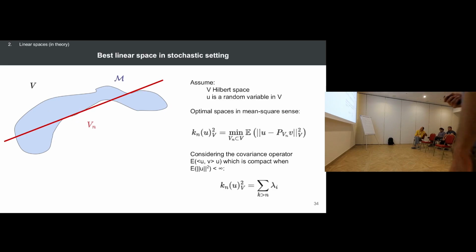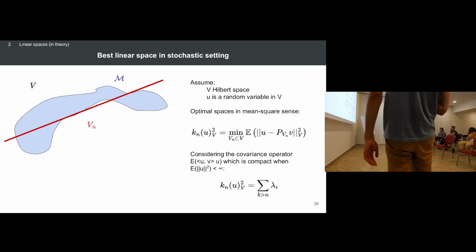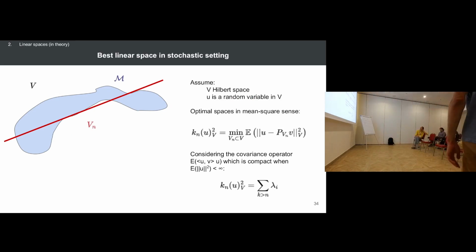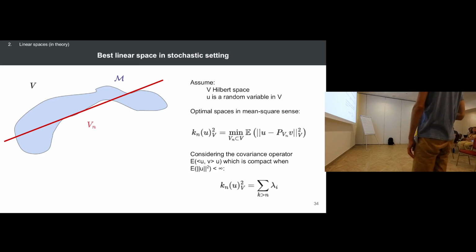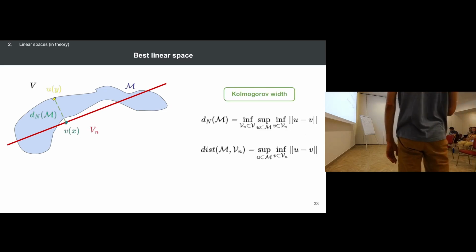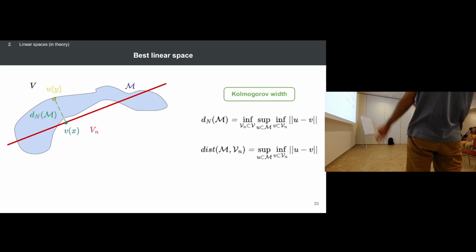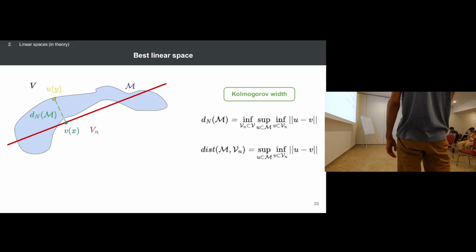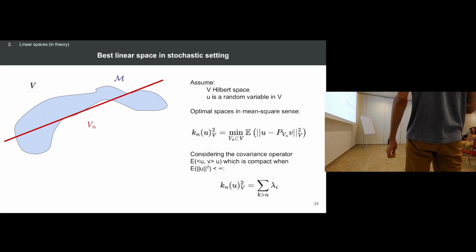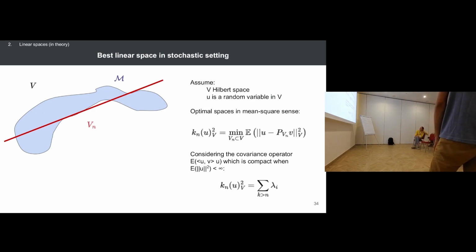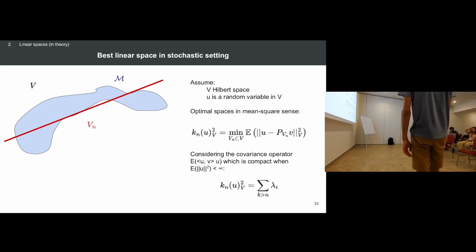Another related concept is the optimal spaces in a mean square sense. In the previous case we were trying to find the worst case scenario, so always this supremum was trying to find the worst scenario, and here what we have is the error in L2.